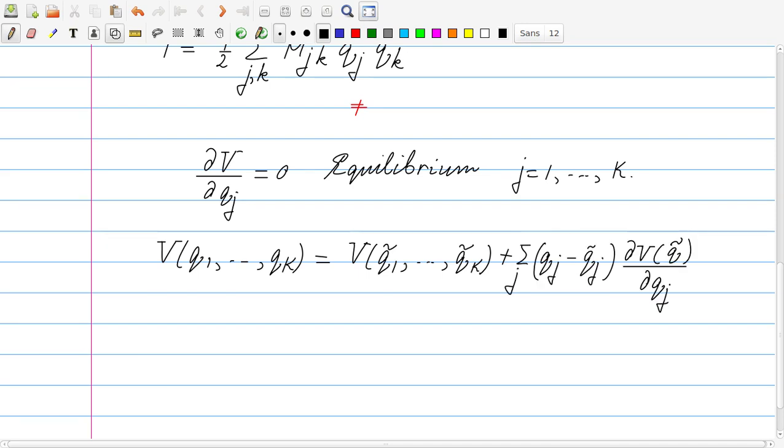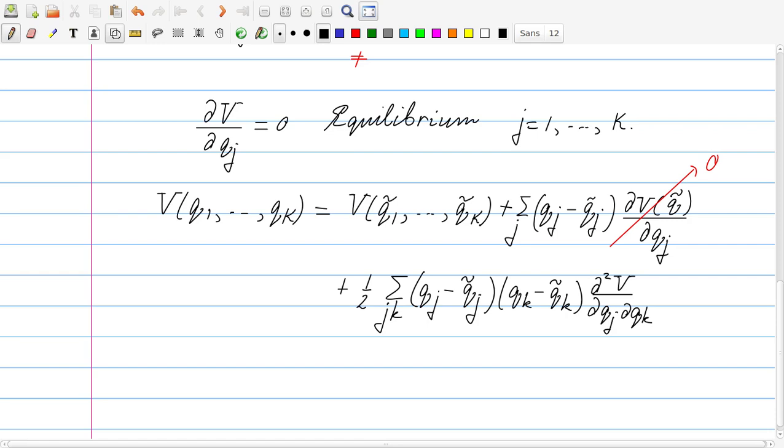We can get a handle on these correction terms by doing a Taylor expansion around the q_j tildes, and the first order Taylor expansion gives me this correction, so it's the deviation of q_j from the q tilde, and then we have the first derivative of V, but we had agreed that dV dq_j would be 0 at equilibrium. Q tilde is the equilibrium state, so in this case the first order Taylor expansion vanishes.